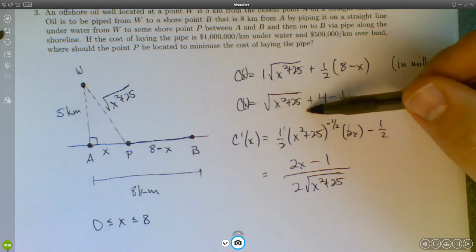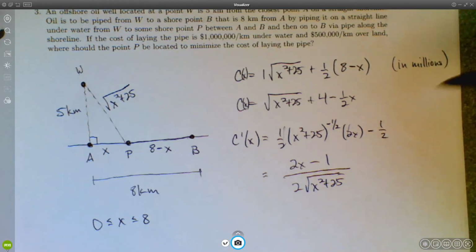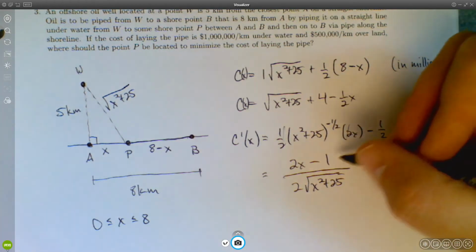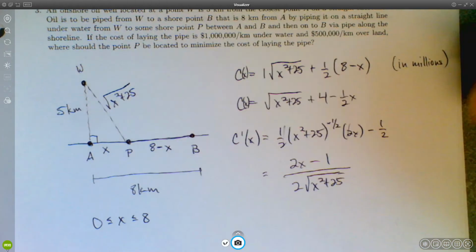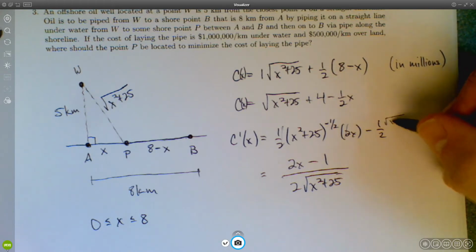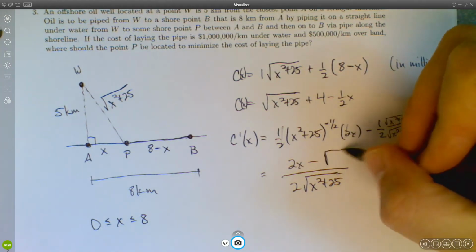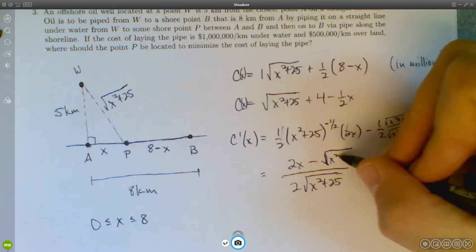This ends up in the numerator. This ends up in the denominator. And then we subtract the 1/2. Oh, but I still wouldn't have common denominators though, would I? So it would actually be 1 times, oh, I skipped too many steps, right? Because really I'd have to do root x squared plus 25 over root x squared plus 25, right? So really I'd have 2x minus the square root of x squared plus 25.